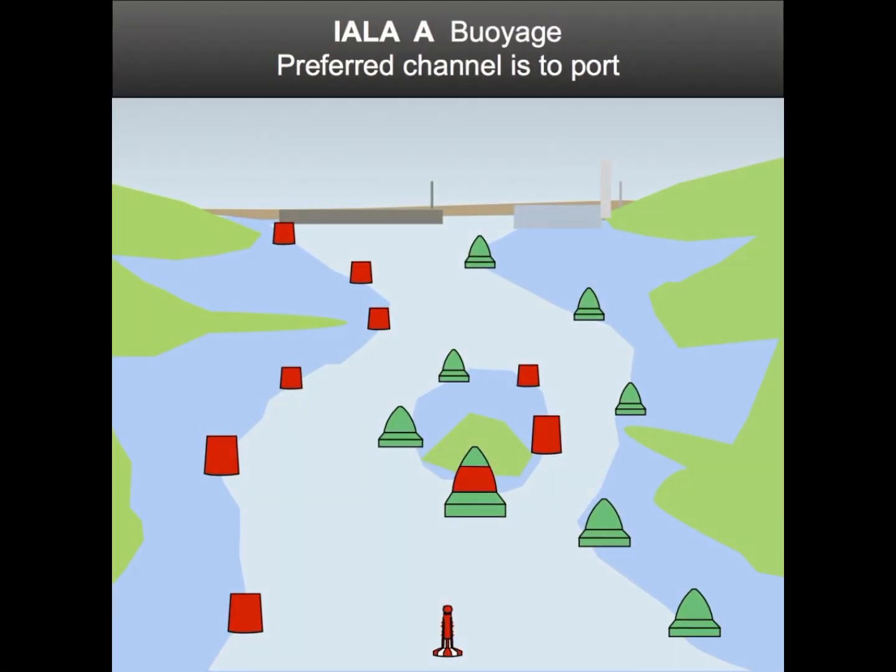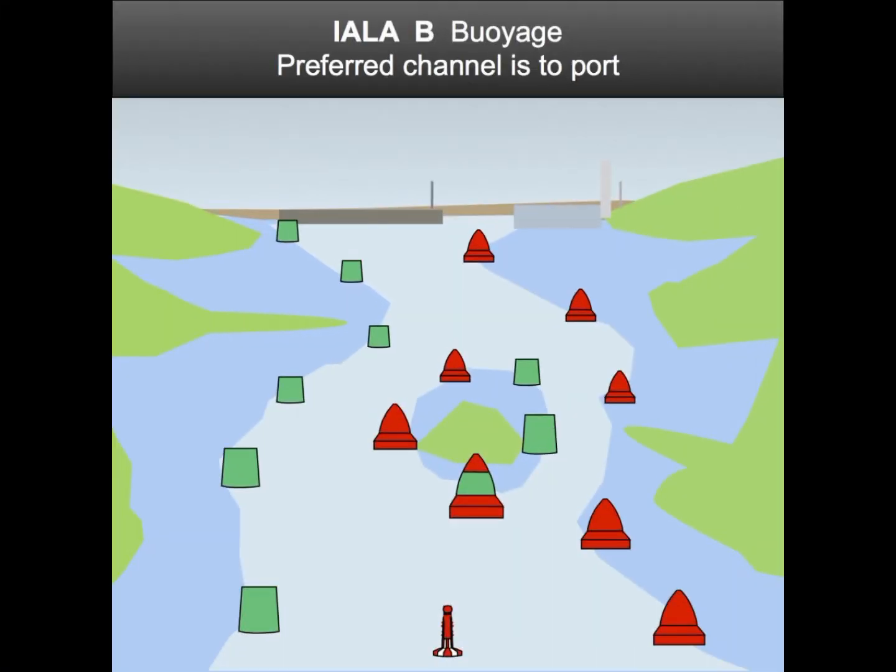IALA Region A port lateral marks and lights are colored red. IALA-A starboard lateral marks and lights are colored green. IALA Region B port lateral marks and lights are colored green. IALA-B starboard lateral marks and lights are colored red.